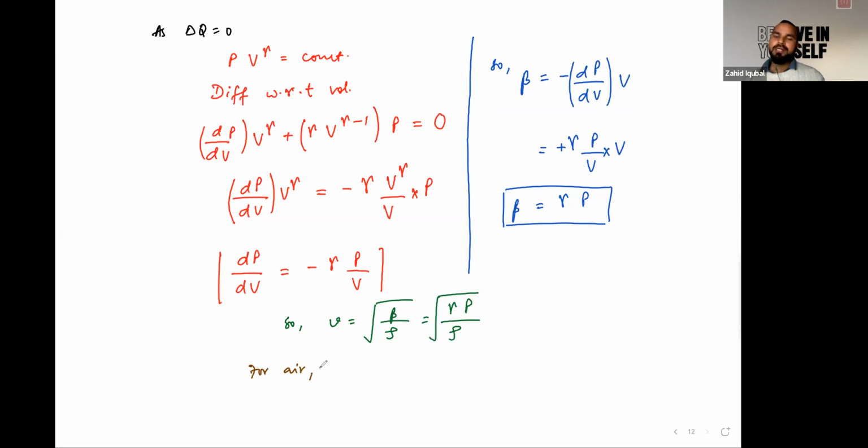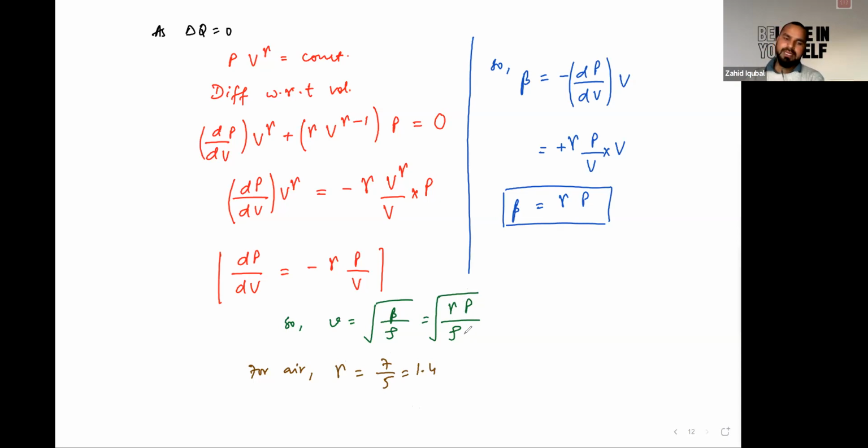Nitrogen is also diatomic and oxygen is also diatomic. If we combine these two, it will be about 98 or 99% of the whole atmosphere. So we can say most of the volume of the atmosphere is diatomic, and we may consider gamma to be that of a diatomic gas. So gamma will be equal to... degree of freedom for diatomic will be 5. So if you substitute, you will get 7 by 5, that is 1.4.